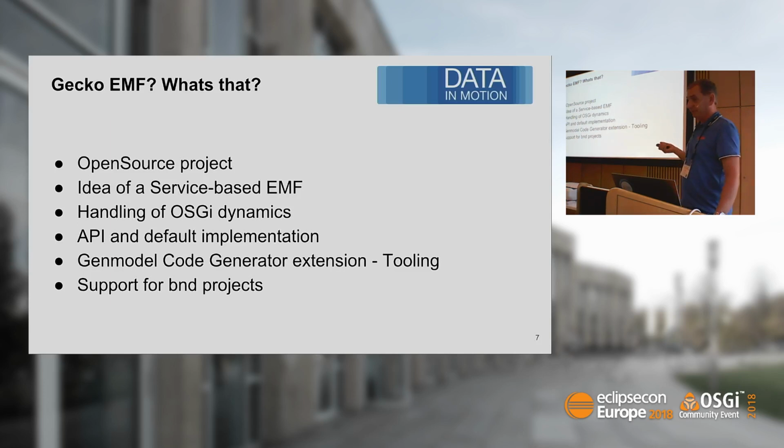And to give you some help, we have a very basic GenModel code generator extension, which overrides the default mechanism that uses JET. There are extensions in the code generator, and you can overwrite certain code or generate additional code and register your own templates.